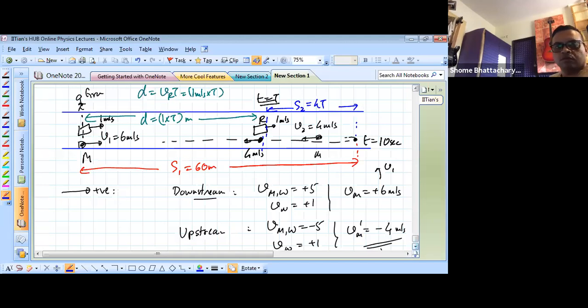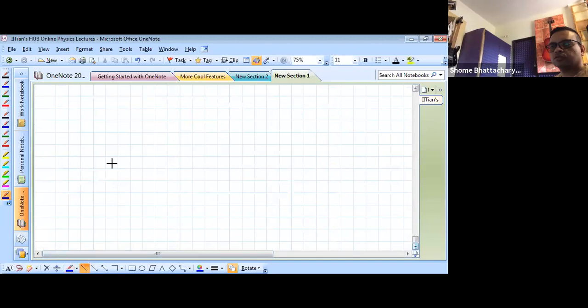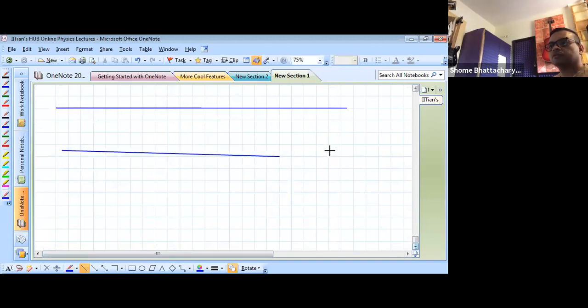So is this clear to all of you? So let me take you through the diagram once more, so that it is 100% clear. What is happening is that this is where the motorboat is initially and the raft is initially. So the raft is moving at 1 meter per second.